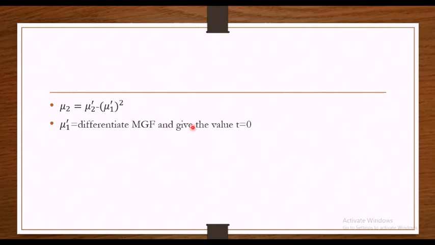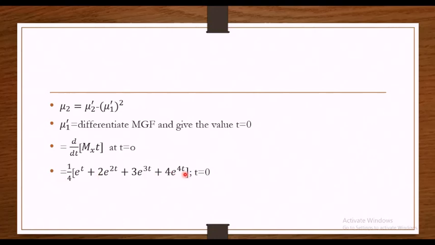Again, how can you find mu1 dash? You can differentiate the MGF and put the value t equal to 0 in the result that you have obtained. So let's see what I will get when I differentiate M of t at t equal to 0. When I differentiate M of t, I get 1 by 4 into e raised to t plus 2 e raised to 2t plus 3 e raised to 3t plus 4 e raised to 4t.